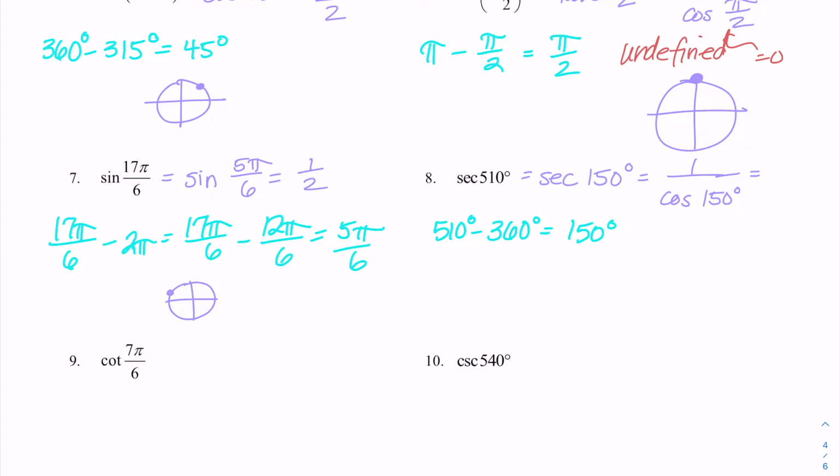And we come up with negative 2 over root 3. Or we can rationalize that denominator by multiplying by root 3 over root 3. We come up with negative 2 root 3 all over 3.